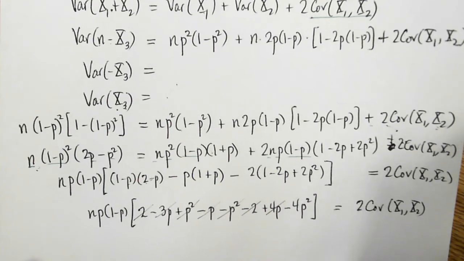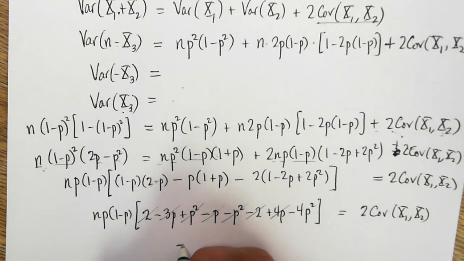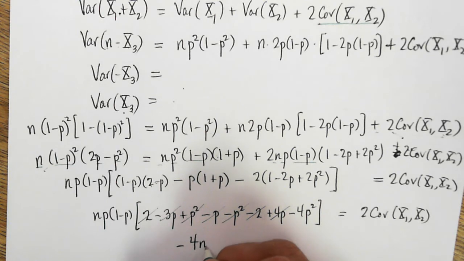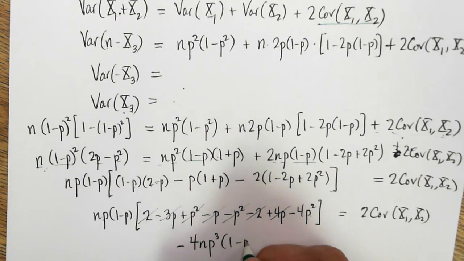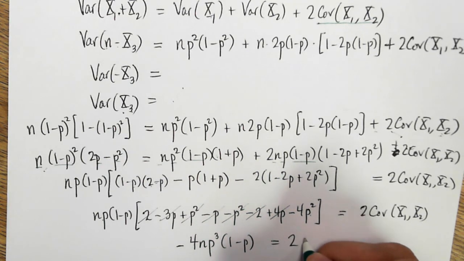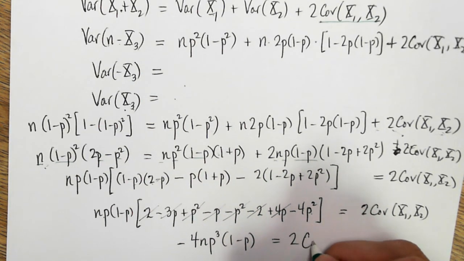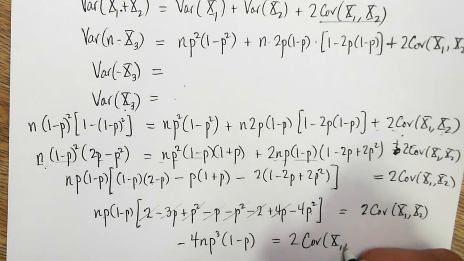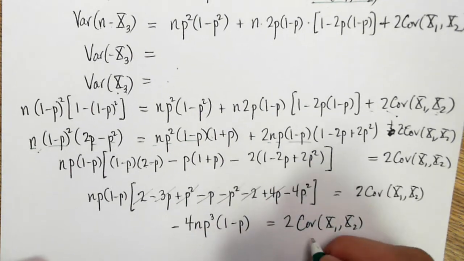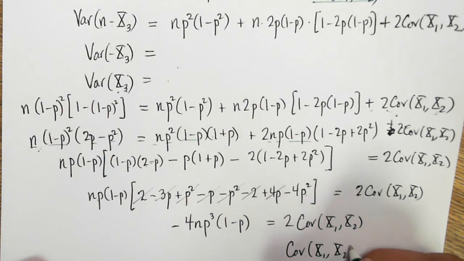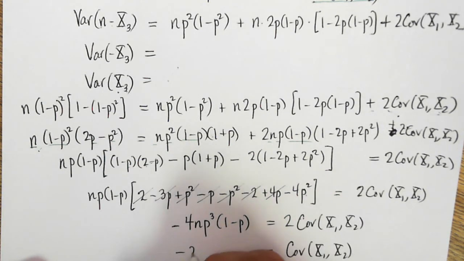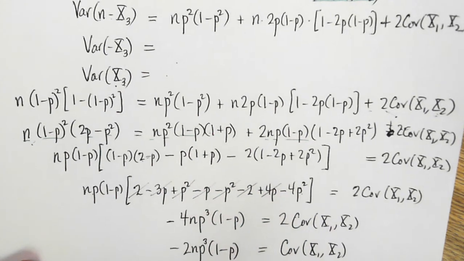Well, that's nice. So all that's left will be 4np cubed, p times this p squared, times (1 minus p) equals 2 times the covariance of x1, x2. And so therefore the covariance of x1, x2 is equal to negative 2np cubed times (1 minus p).